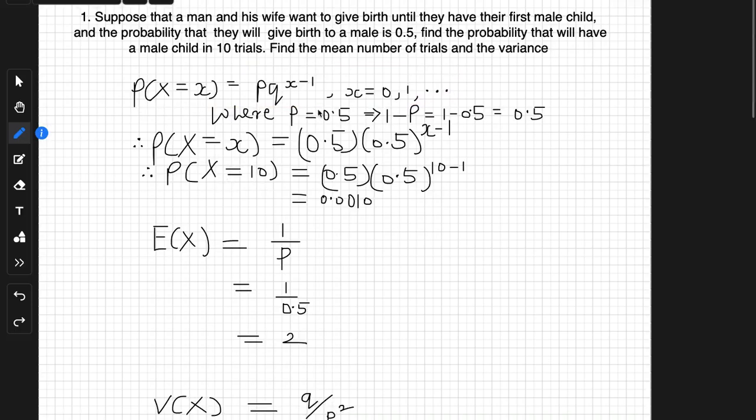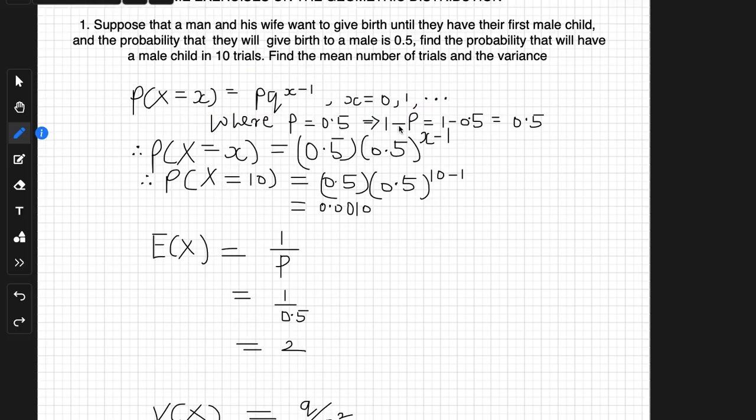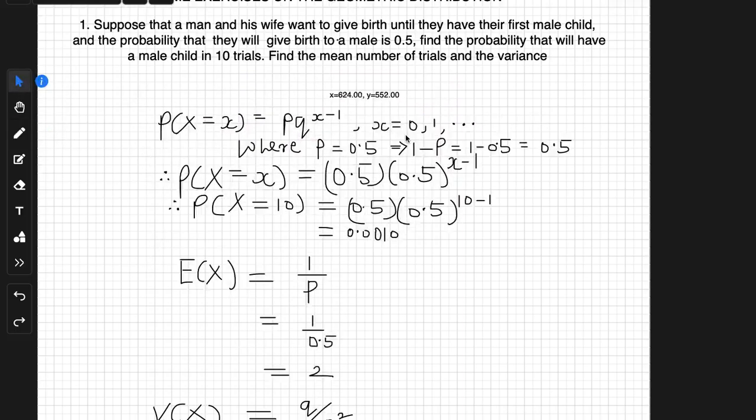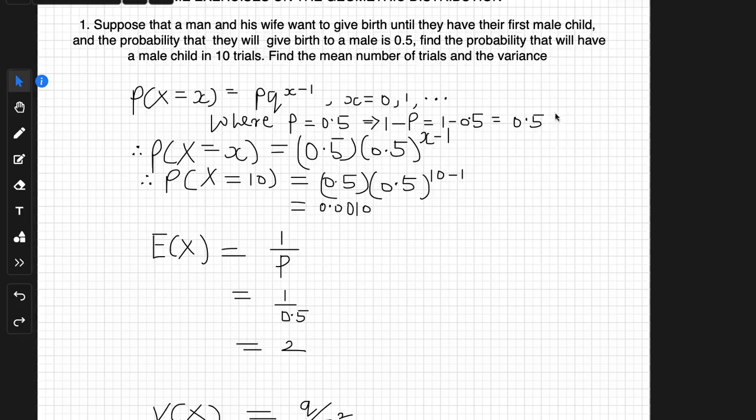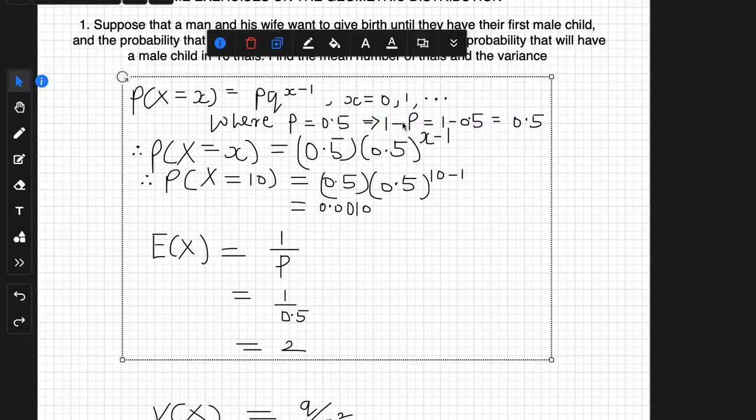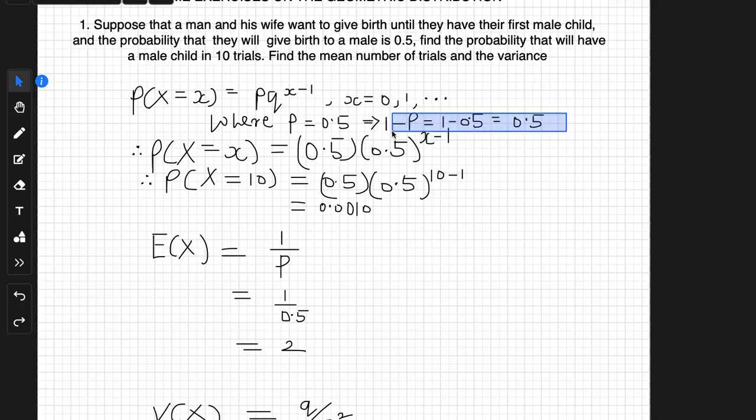So we know that our p was given to be 0.5, which means our q, which is 1 minus p, is equal to 0.5.